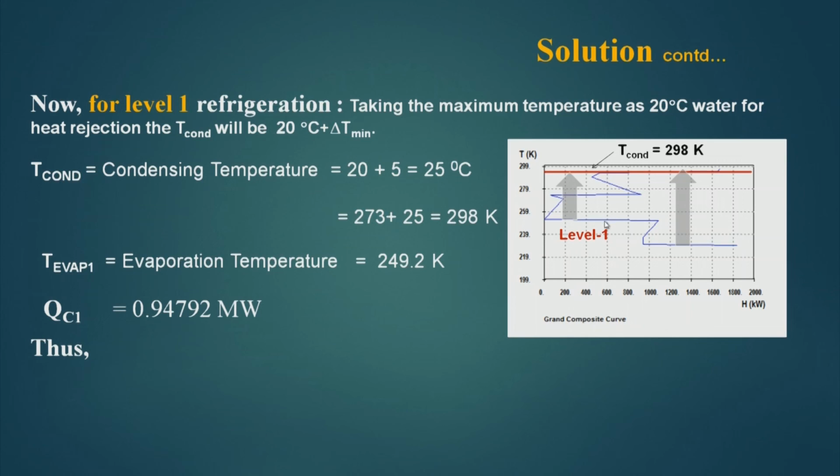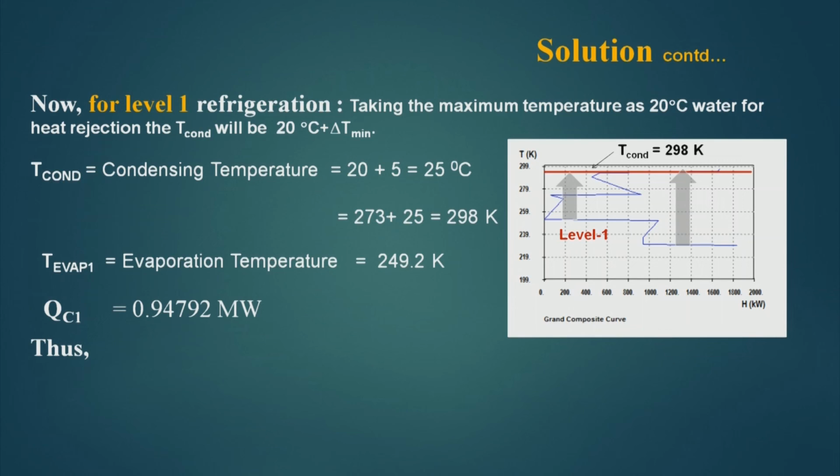Now, here we are transferring the heat we pick up from level 1 and level 2 to the cold water, which is this line, and the temperature is 298. So, the condenser temperature will be fixed, this is the maximum temperature of the cooling water. For design purposes we have taken the maximum temperature, so it will be a conservative design and it will always be satisfied, because in winter the temperature will drop and in summer it will rise to 20 degrees centigrade.